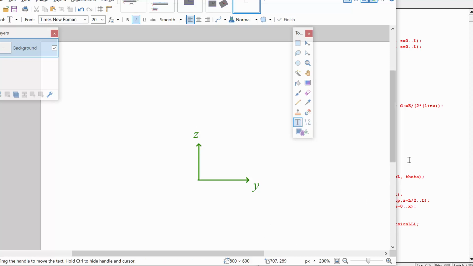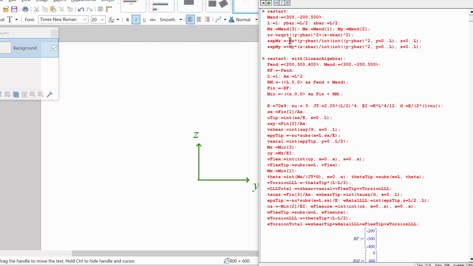According to this formula, we're going to get a moment in the z direction based on how far we are to the right and the stress into the page, the negative sigma z. Yeah, that seems right. If we have stress into the page here at some distance to the right, that's going to be creating a moment in the positive z direction.